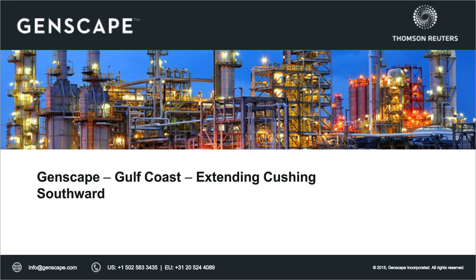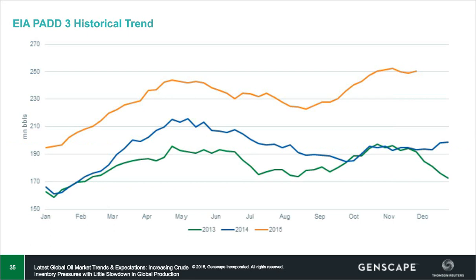So not only are we looking at high inventories in Cushing, but our overall inventories in North America are at all-time record highs year over year and substantially so. And if we look just in PADD 3, we're looking at someplace around 50 million barrels more capacity, more storage than we have seen year over year ever.